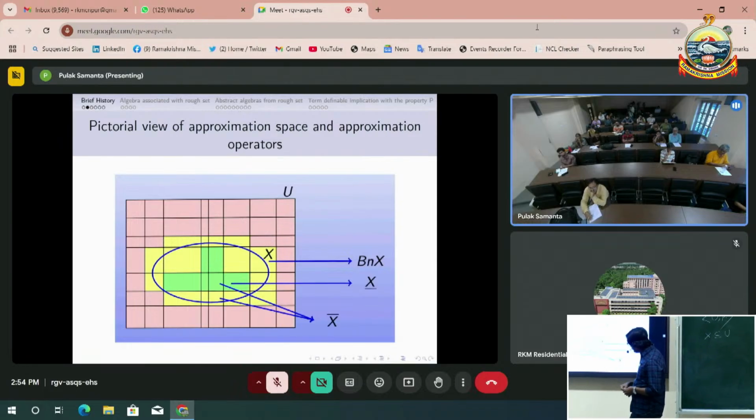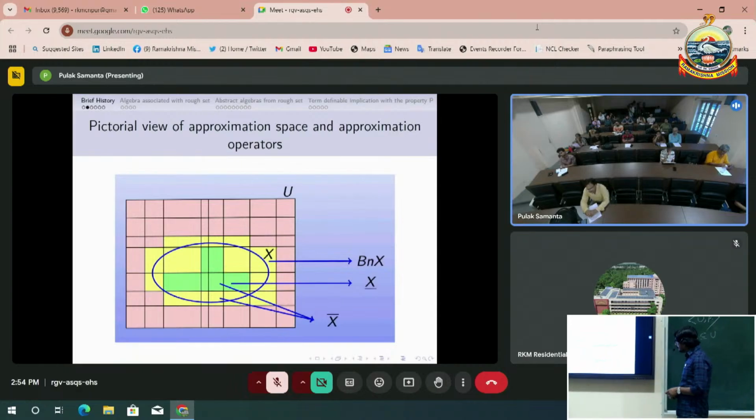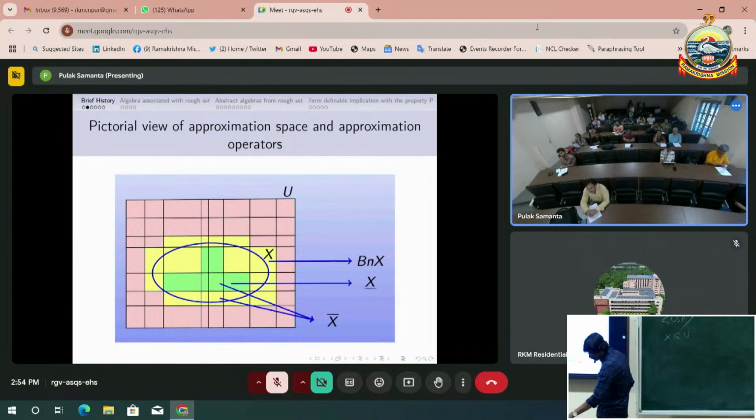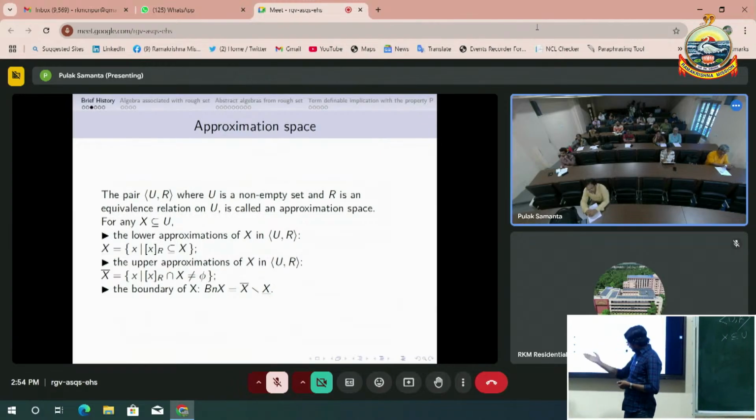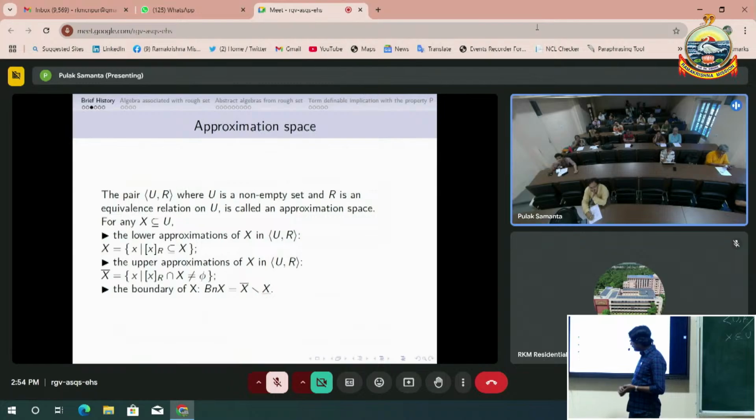It is the minimum number of classes, denoted by this yellow block, that contain X. Formally, X lower is all those elements whose classes are entirely within X, and X upper is all those elements whose classes have non-empty intersection with X. I am not coming to the boundary.